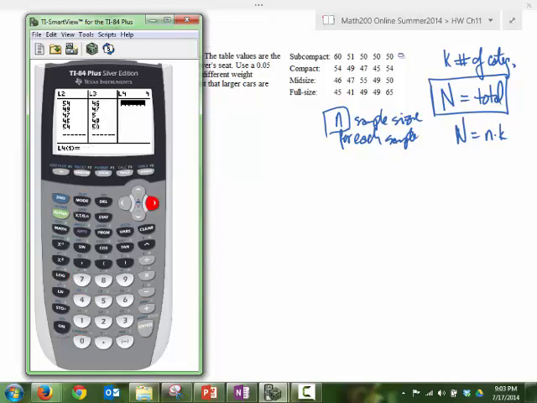And then finally full size. So now I'm getting into the fourth list in my fourth screen. So I have all those values. My lists are all populated.